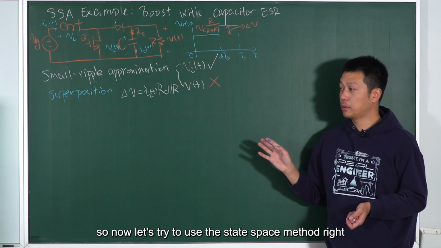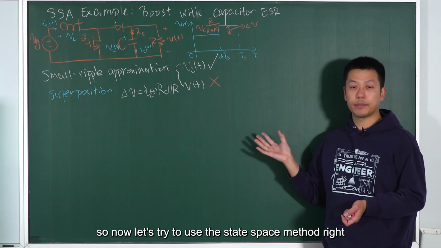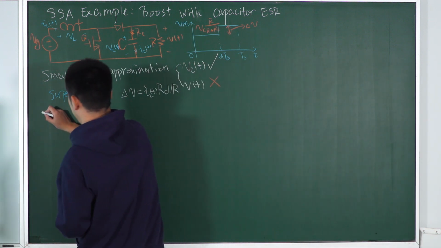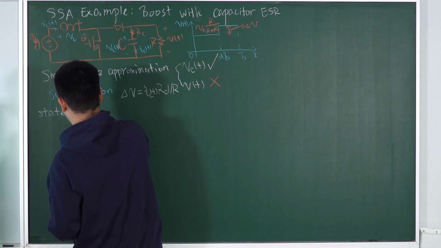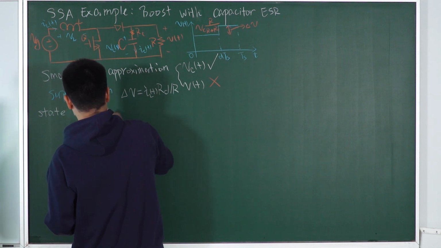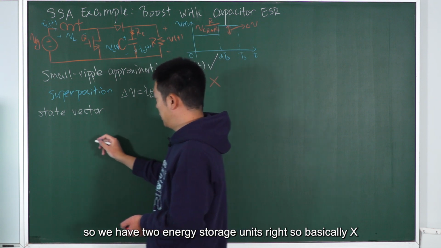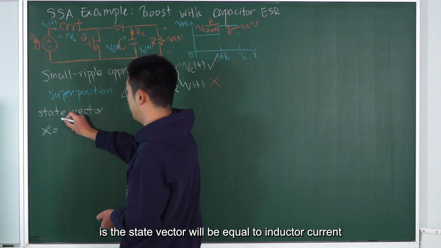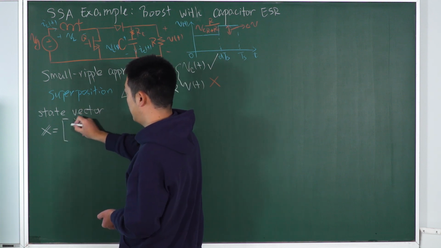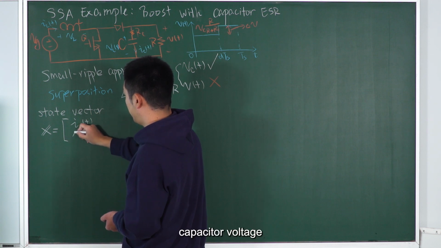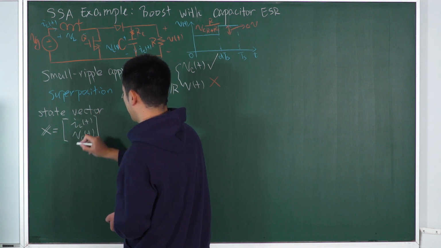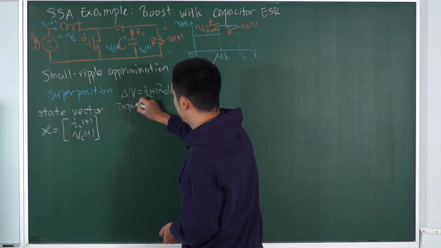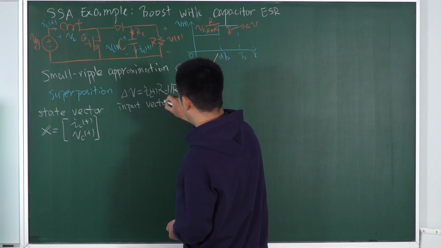So now let's try to use the state space method. We first need to define the state vector. We have two energy storage units, so X, the state vector, equals the inductor current and the capacitor voltage. Next is the input vector.